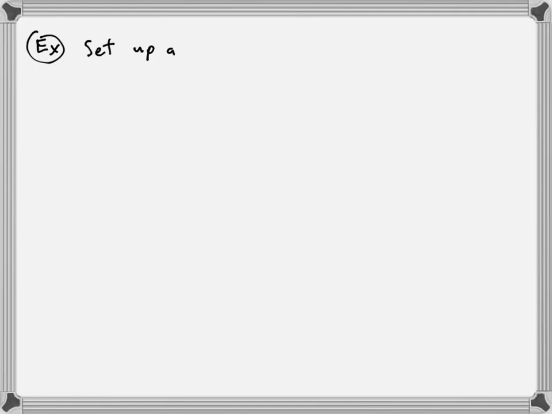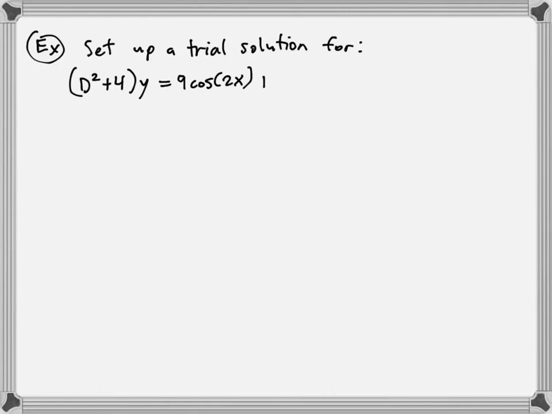Set up a trial solution for d squared plus 4 y equals 9 cosine 2x plus 3 sine 2x.